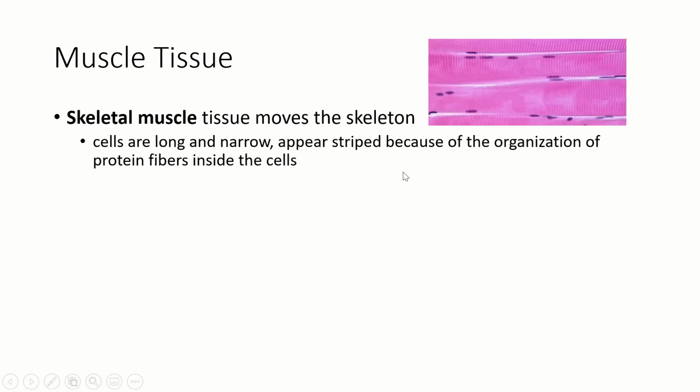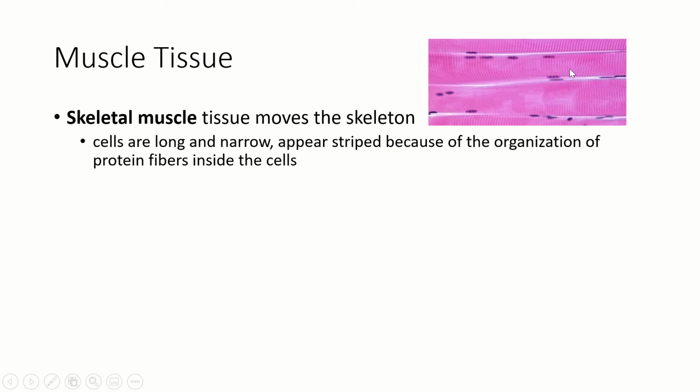All right, so skeletal muscle. There's 3 types of muscle tissues. Again, we're going to go over all of this when we go over the heart, the digestive system, and the muscles. The skeletal muscles are the ones that move the skeleton. So when you think about your muscles, you're thinking about skeletal muscle tissue. The cells are super long. In fact, you can't even see the end of these 2 cells. They have multiple nuclei, which is kind of weird.